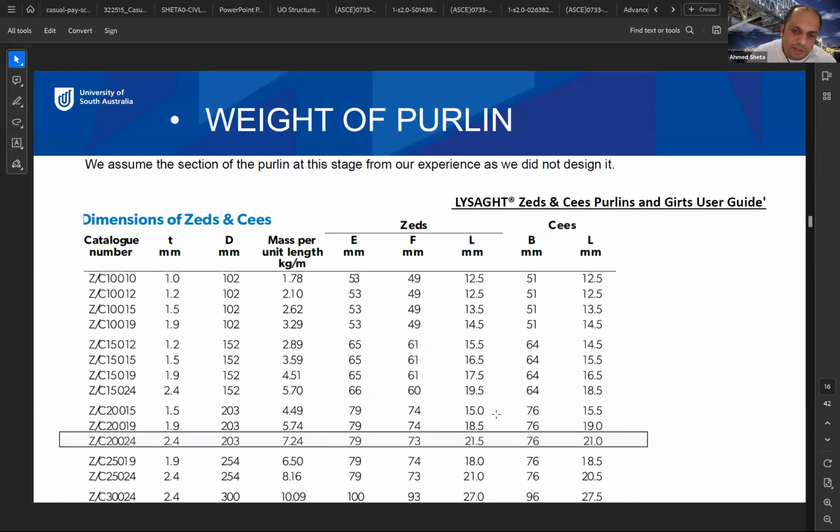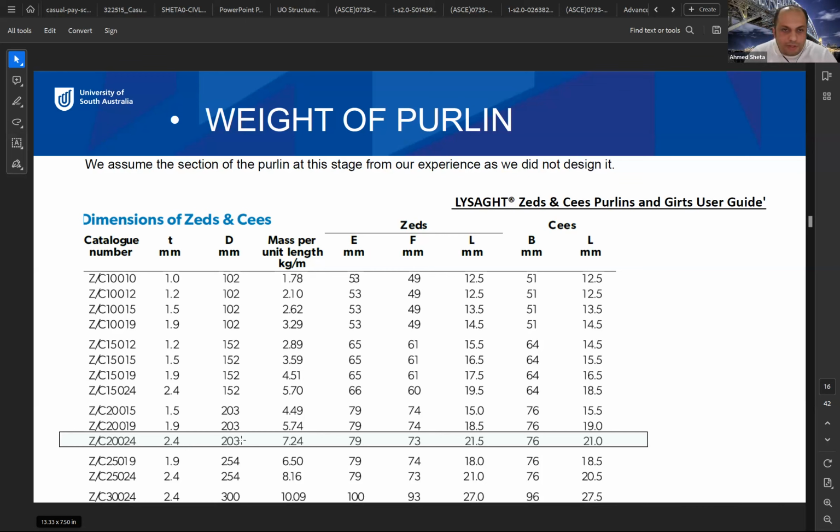Is it given to you in the assignment details to use a specific purlin? No, it's not given. Okay, so to simplify the work for you, follow what has been done here. What is the size of the purlin selected, Z or C? 200 to 24. So you can use a similar purlin.